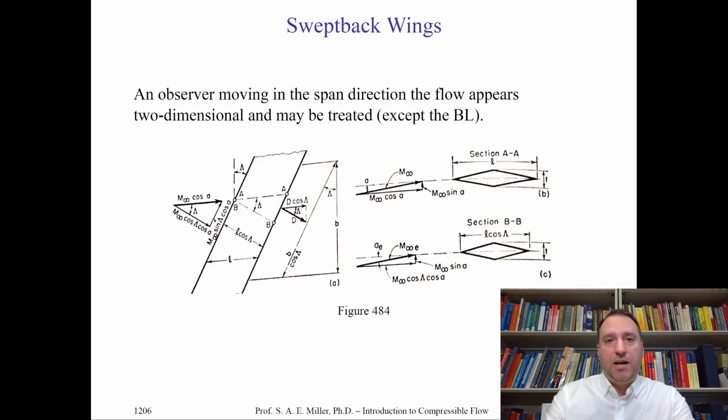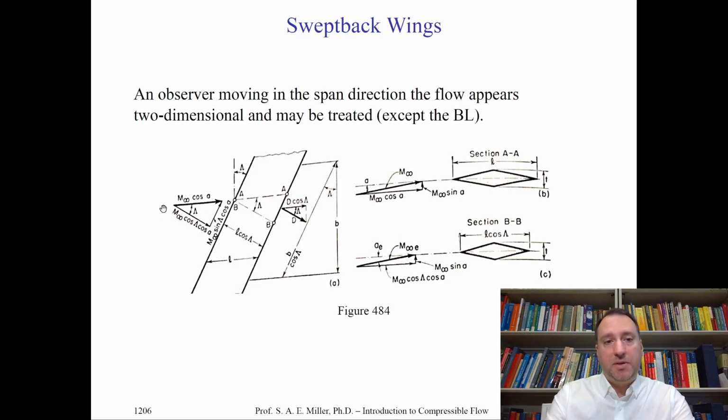Let's illustrate these concepts through figure 484 of the slide deck. On the left, we have a figure of a swept-back wing. Its real chord is L. Its chord in the normal direction relative to the leading edge is L cosine A. We also have points A to A and B to B. The sweep angle, defined from a non-swept wing, is capital A, once again.